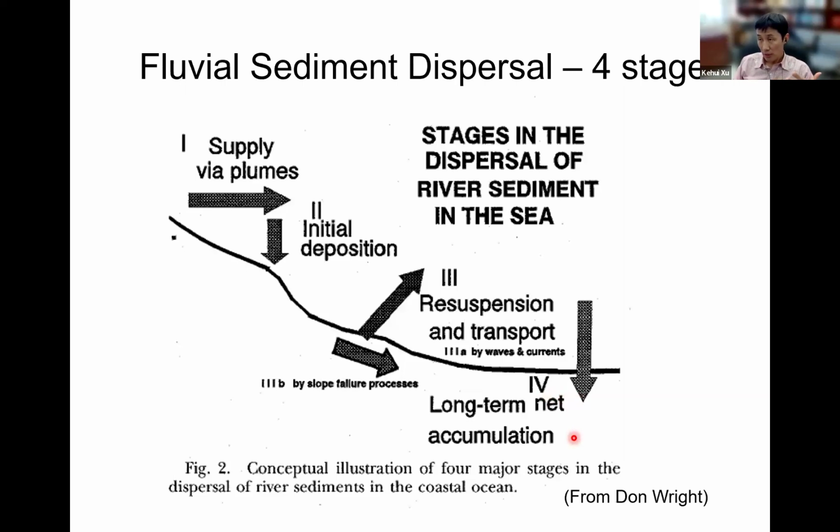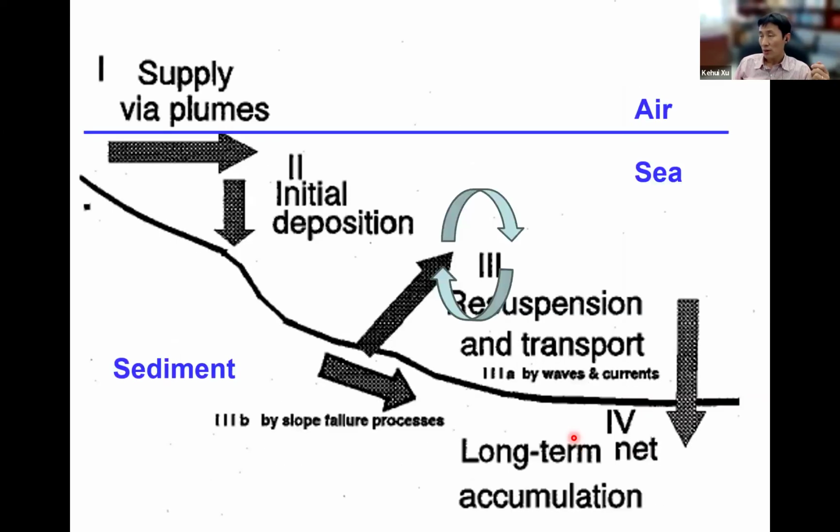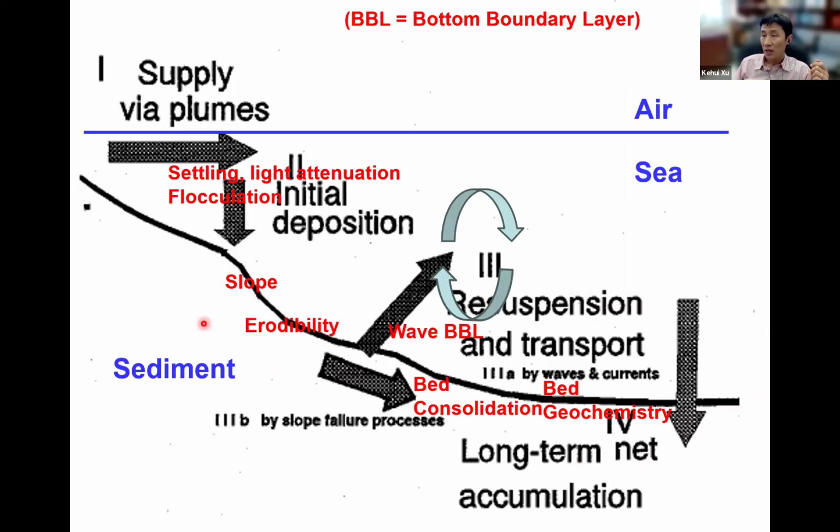If we zoom into this slide and think about the whole process, there are lots of sediment transport processes involved. Here we have the atmosphere on the top, the ocean over here, and the seabed or sediment over here. In the plume supply, right after the supply by the river plume, sediment starts to settle under the control of gravity.